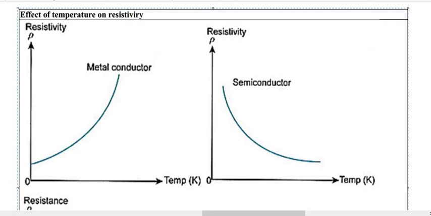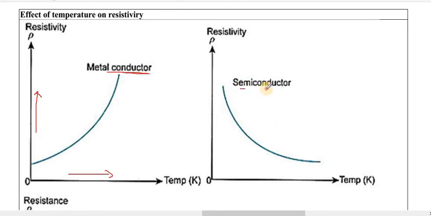First we look at metal conductors. If it's a conductor, higher temperature, the resistivity will become higher. Okay, higher temperature, higher resistivity. This is for conductors.